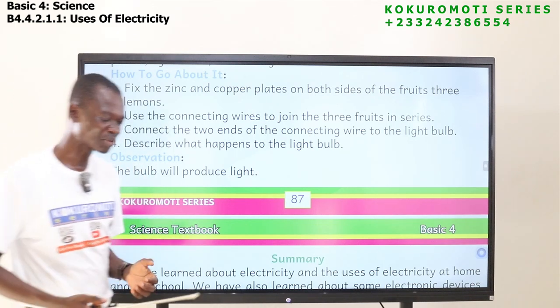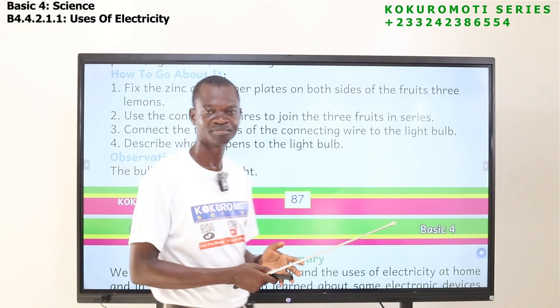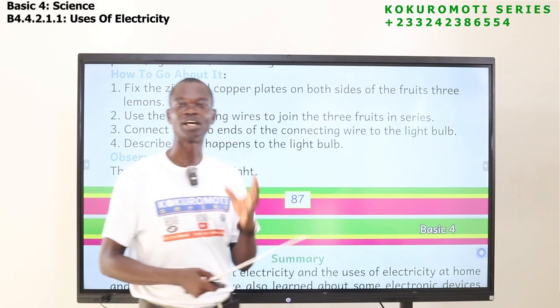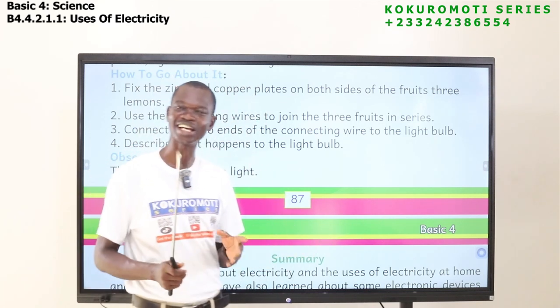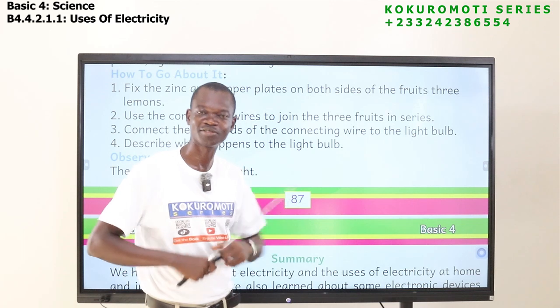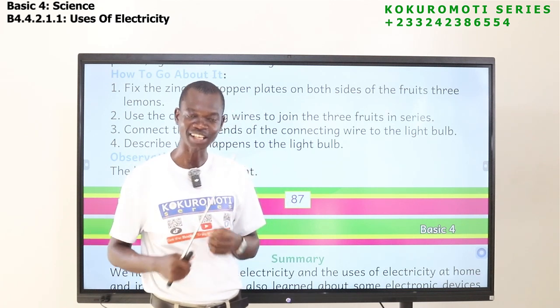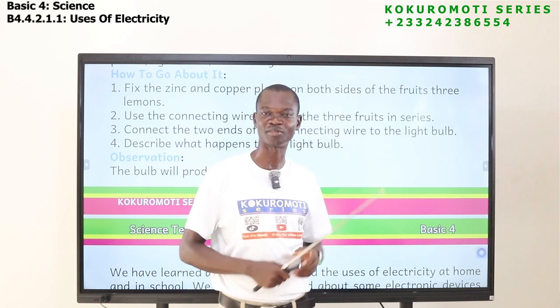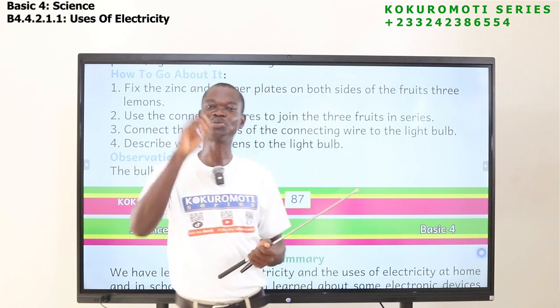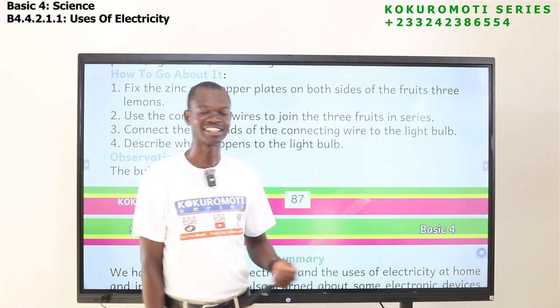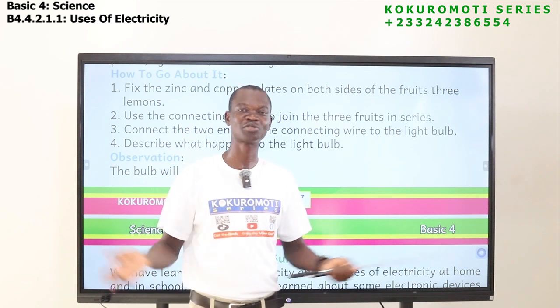We are looking at how we can generate electricity from lemon. Do you know that we can generate electricity from lemon? If you don't know, I'm going to show you how electricity can be generated from lemon to produce light. The lemon that we don't even eat, we throw away.